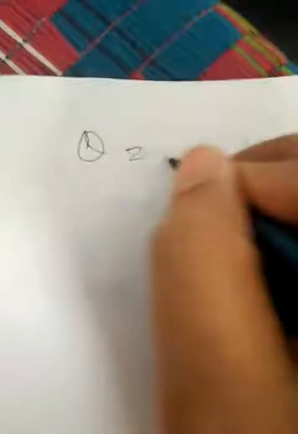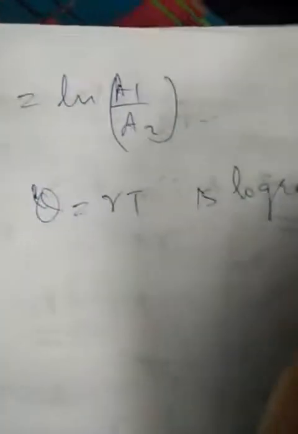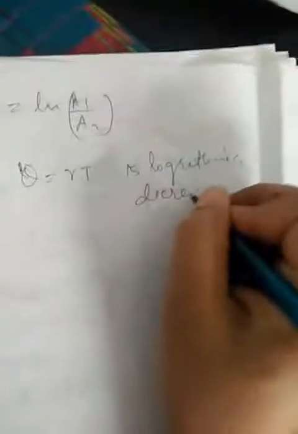So e raised to power theta is equal to A1 upon A2. If you take natural log on both sides, it will be theta natural log of e is equal to natural log of A1 upon A2. Natural log of e is 1, so theta is equal to natural log of A1 upon A2, where theta is equal to gamma T, and this is called the logarithmic decrement.